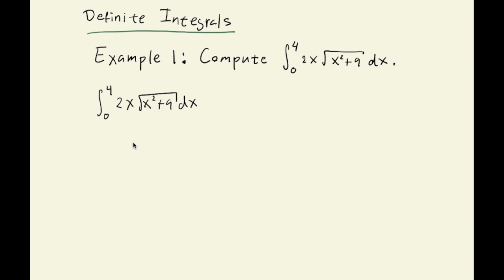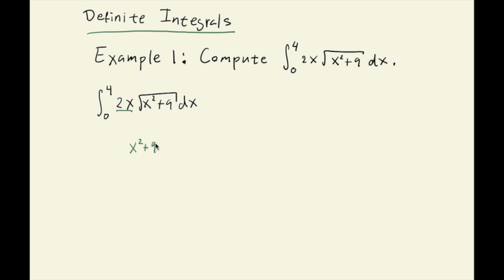The derivative of x squared plus 9 is 2x, and you're seeing 2x here. So when you see a function and its derivative inside of the integral, you have a good chance of applying the substitution method and getting somewhere.